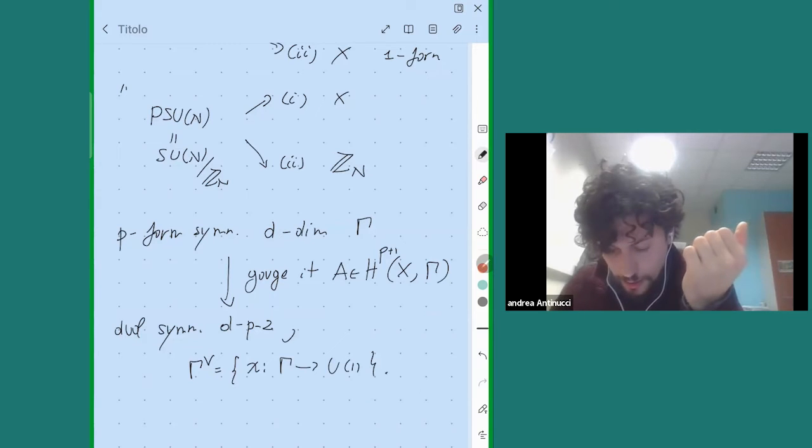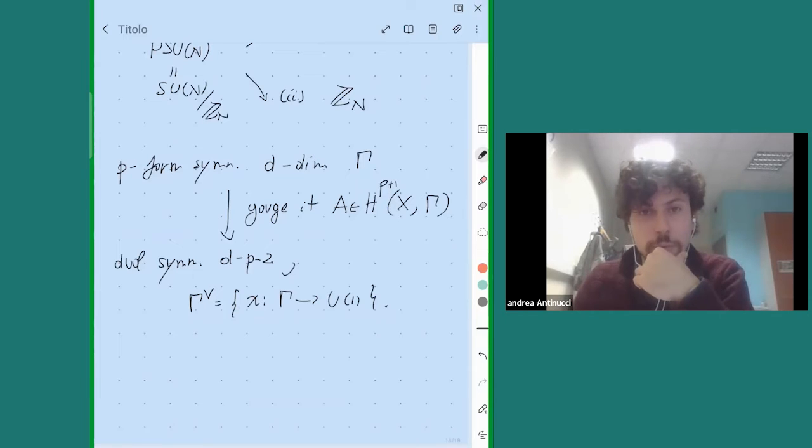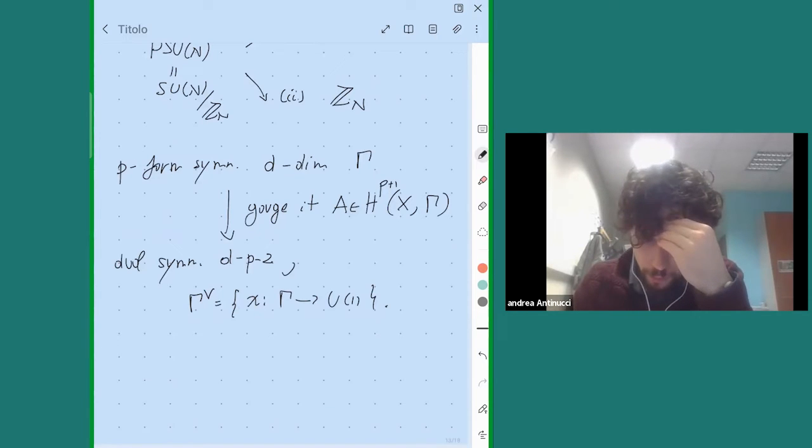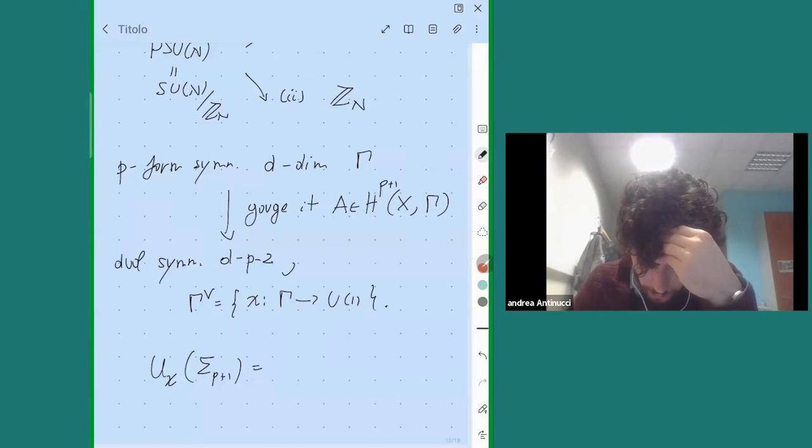And the reason is the following. As I told you, to gauge the symmetry, you have to introduce this gauge field, which is a p+1 form. So what you can do is to construct the following topological operators in the gauge theory, labeled by these characters, supported on a p+1 dimensional manifold, and given by the evaluation of this.